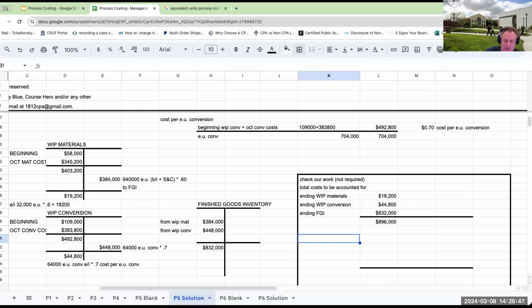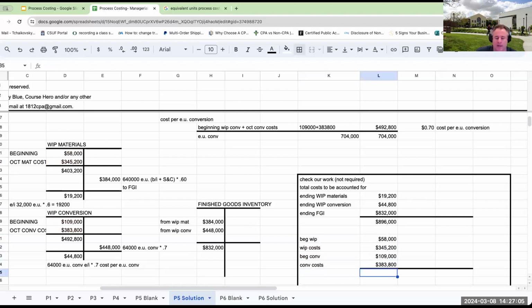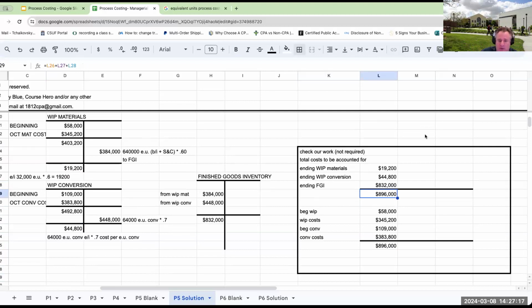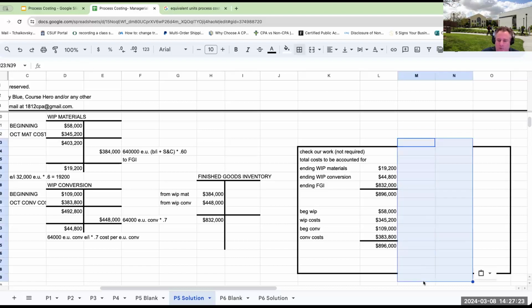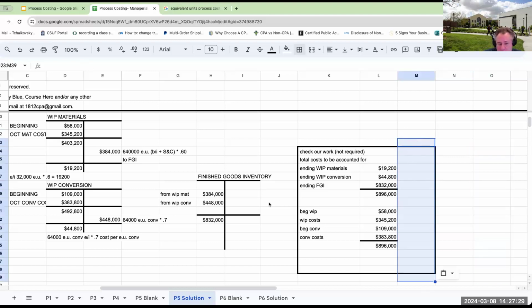When I compare this to my beginning WIP costs, my beginning materials and my conversion costs, my beginning WIP over here was 58,345.8 and 109,383.8. When I add these up, they equal out. Why did I just go through and do that? I'm not going to ask you to do this on an exam, but it is a way we can further check our work. So it's always a good idea. The more ways you can check the work, in my opinion, the better.